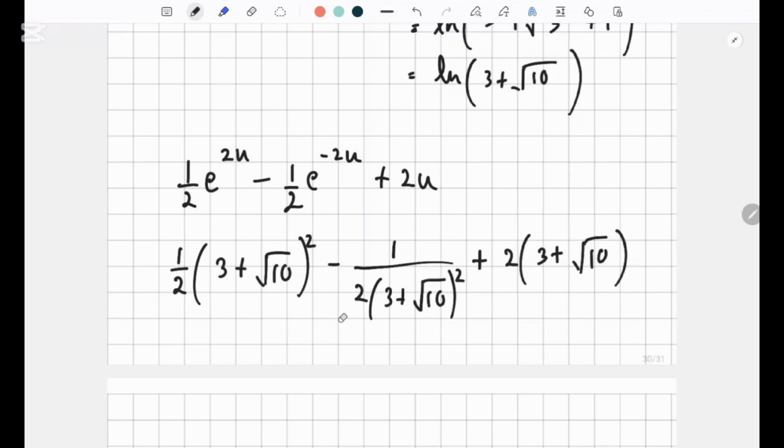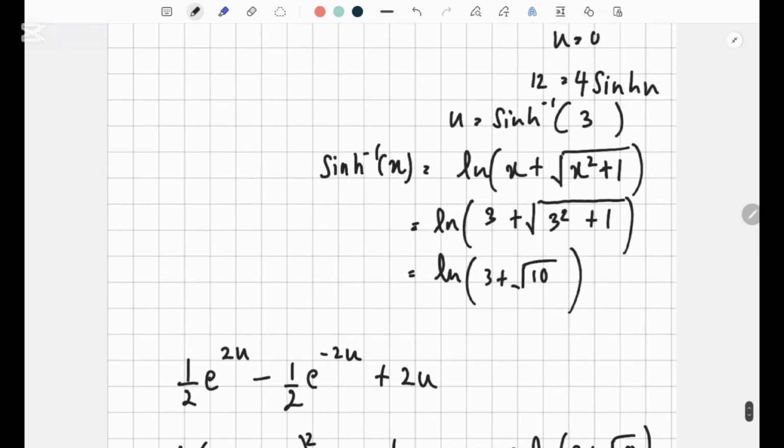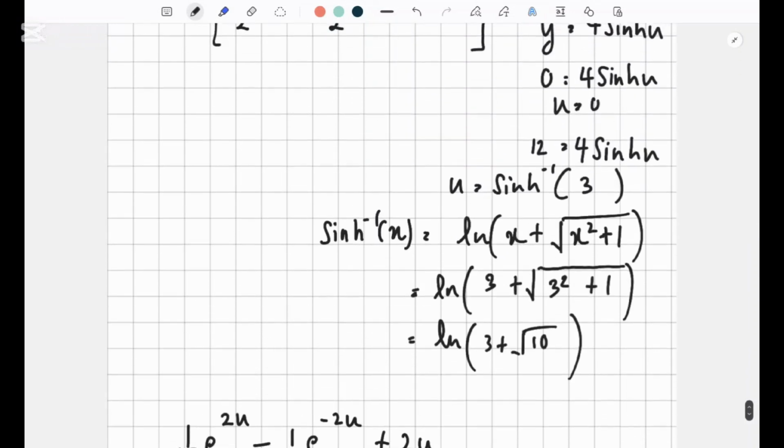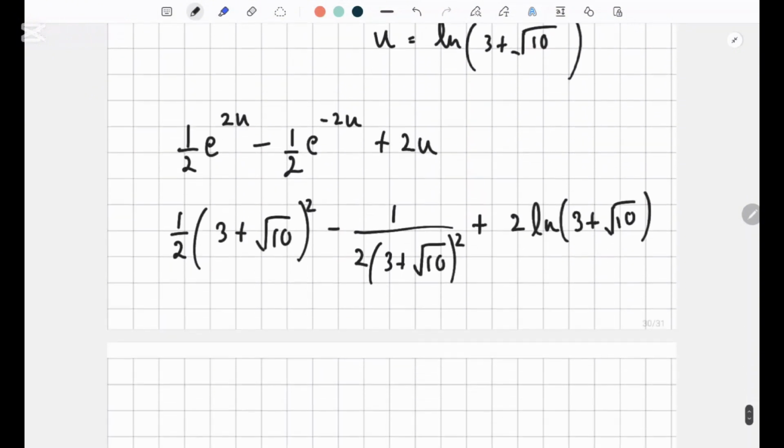Oh, I'm sorry again. This is 2 ln 3 plus root 10, because this was u, right? So yeah, u equals ln 3 plus root 10.